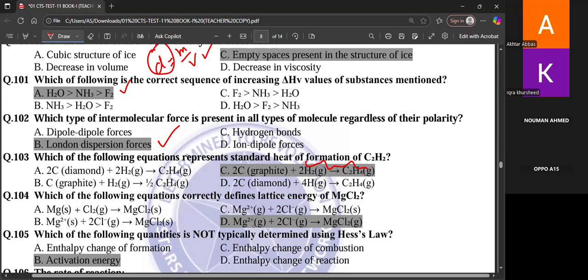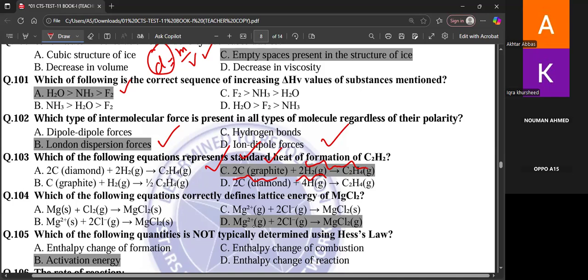It is called standard enthalpy of formation. Here in the equation, 1 mole is formed from the elements. You know that the standard state of carbon is graphite and the standard state of hydrogen is the gaseous state. So option C is the correct one.